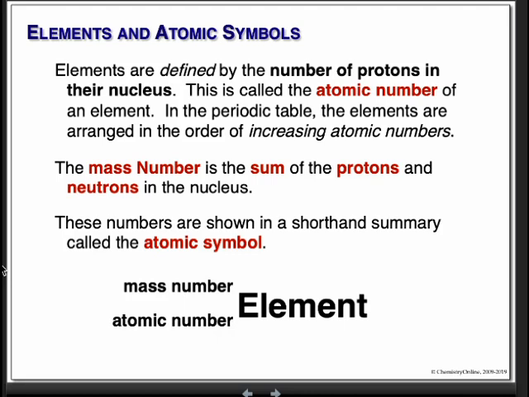If it is a charged element, so if we have a charge, we would show the charge as a superscript after the element. When we do radioactivity, we will use atomic symbols extensively. It's a simple concept. All you have to do is remember the definition of mass number, protons plus neutrons.